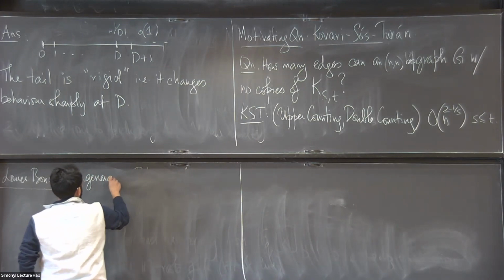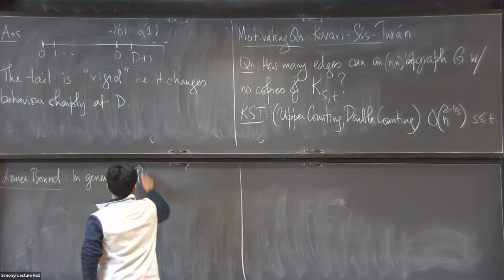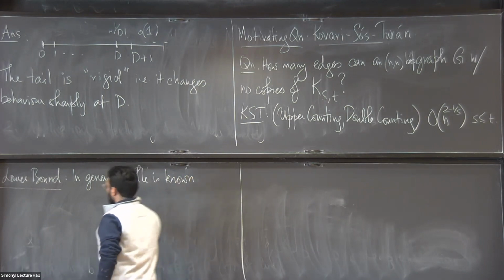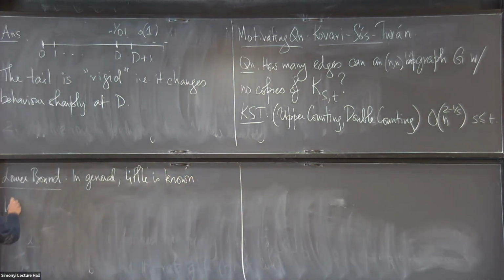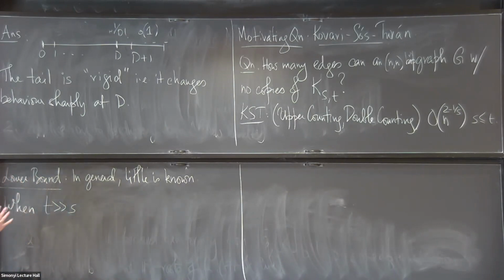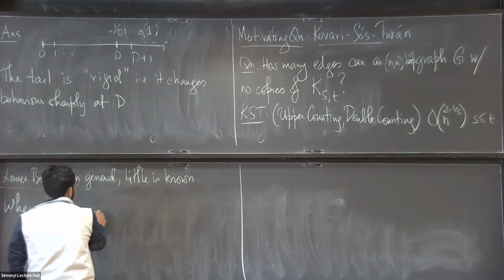But in general, little is known. What we do know is that when t is much bigger than s, I'm not going to quantify it, but if you need a number in mind, think of s to the s, we do have matching lower bounds.